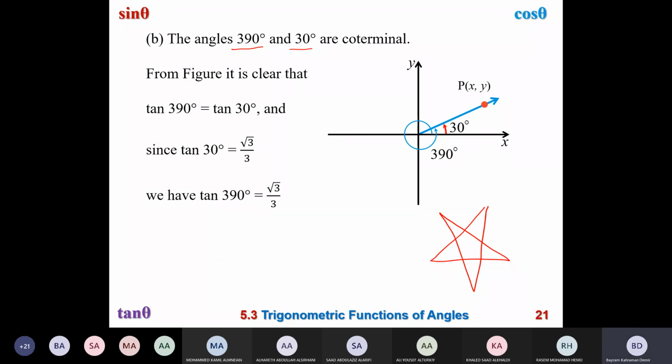In this case, tangent of 390 equals tangent of 30 degrees. So you don't need to go for the reference. All the functions of 390 are the same as the functions of 30 degrees because of the coterminal.